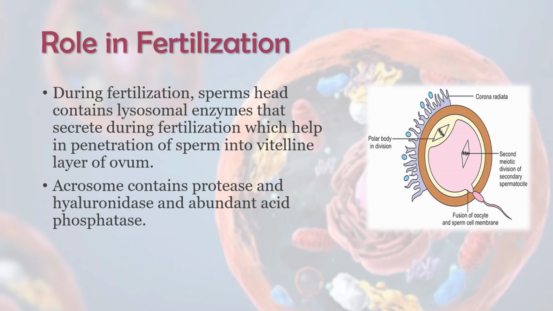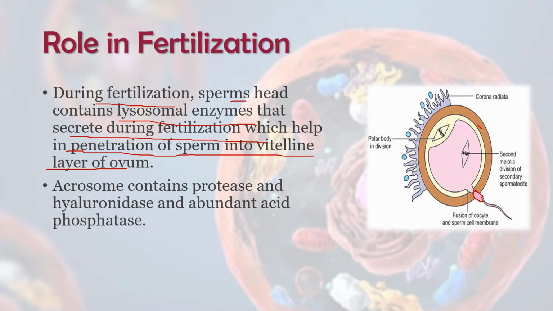Lysosomes help in fertilization. During fertilization, the sperm's head contains lysosomal enzymes that are secreted, which help in the penetration of the sperm into the vitelline layer of the ovum. We know that many sperms are racing to fertilize a single ovum, and only one sperm is able to fertilize the oocyte.